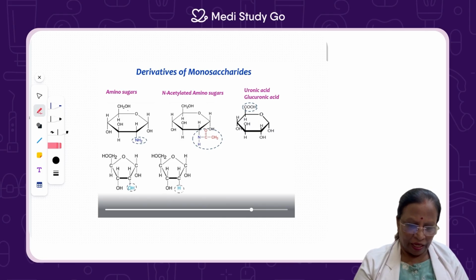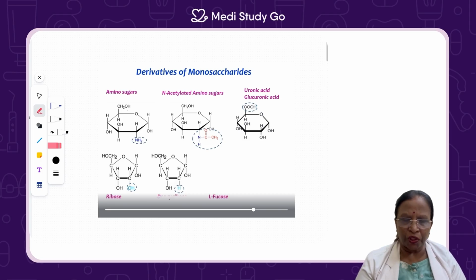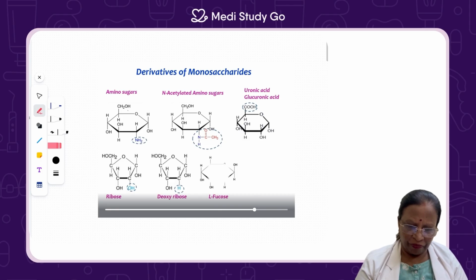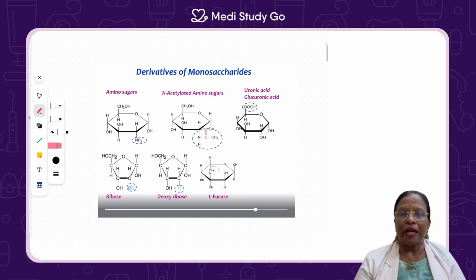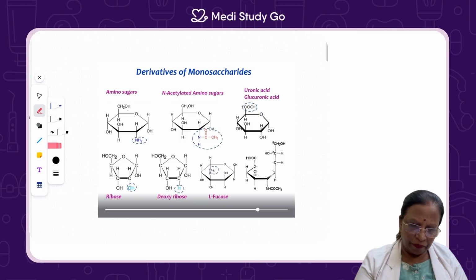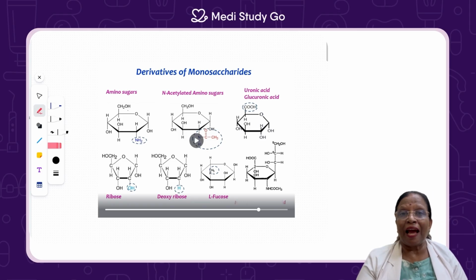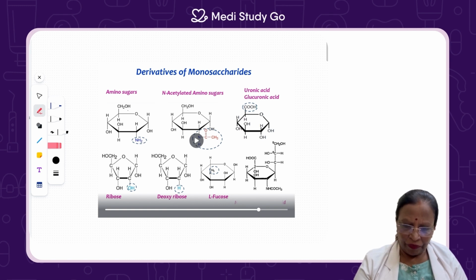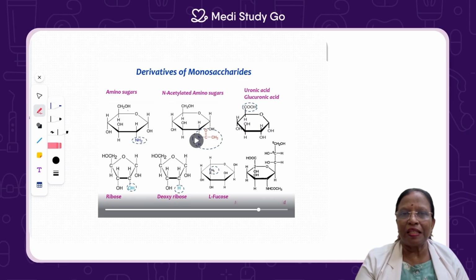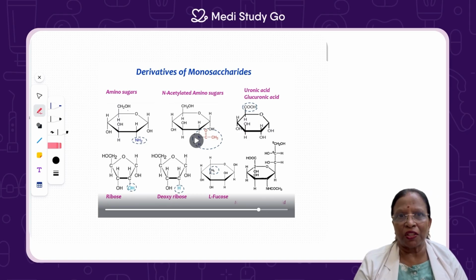This is ribose and this is deoxyribose, where one of the OH groups does not have an oxygen. Another deoxy sugar is L-fucose, which is deoxygalactose. And then you have this 9-carbon sugar called sialic acid, or N-acetyl neuraminic acid, which is found in the glycolipids. So, all these are the various derivatives of monosaccharide units.